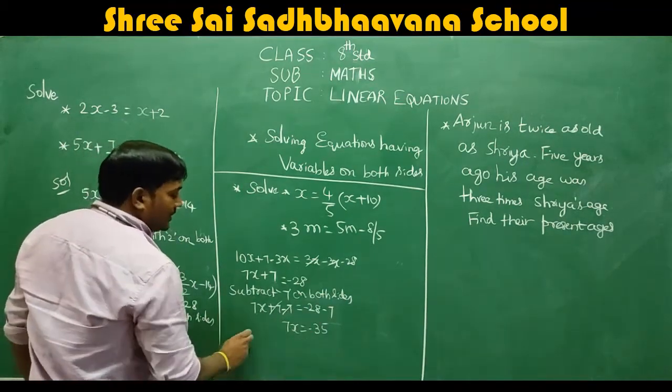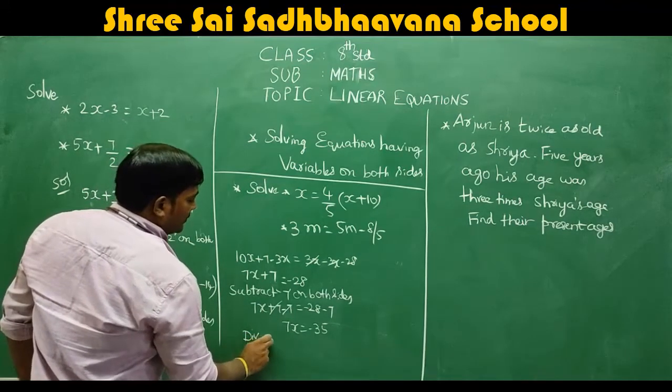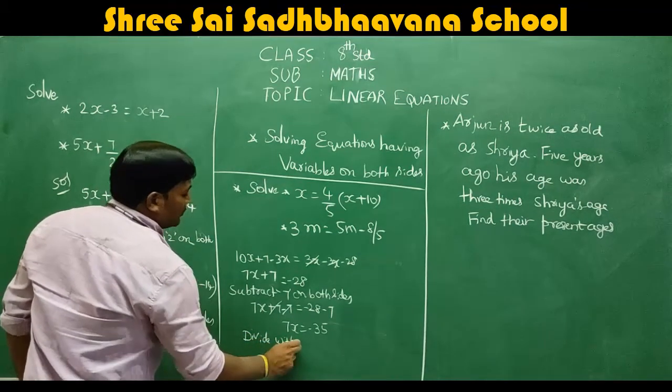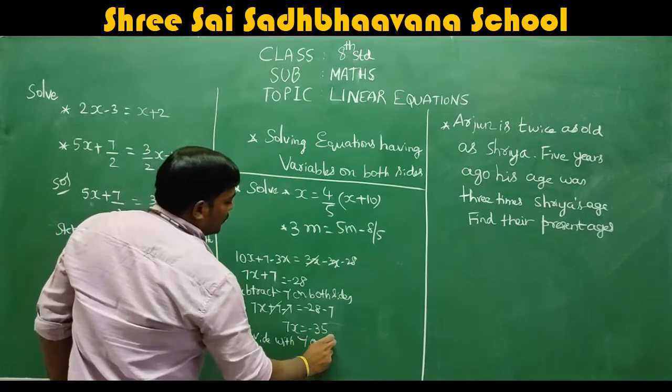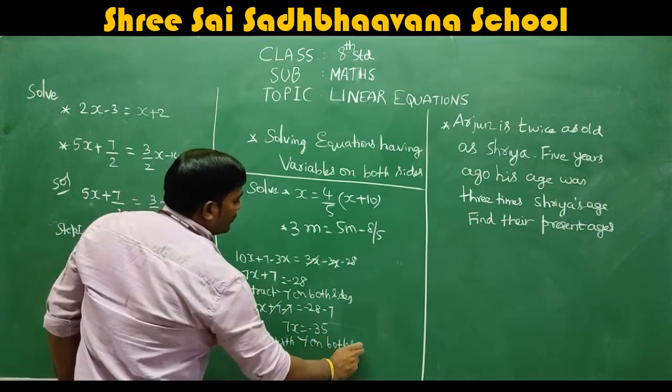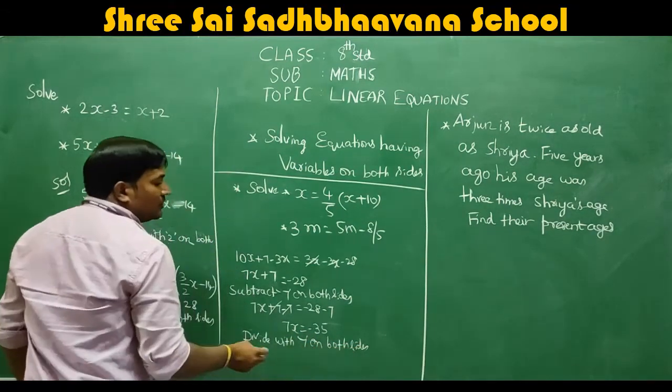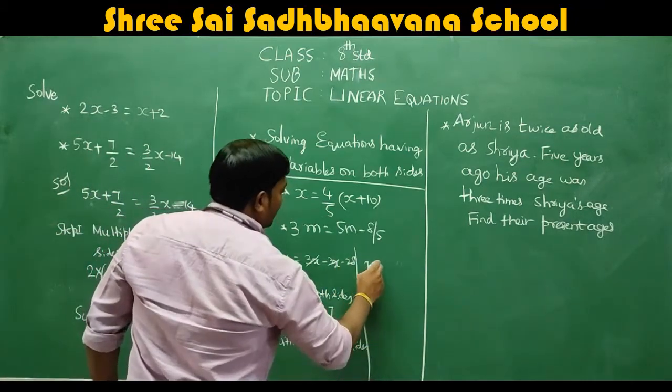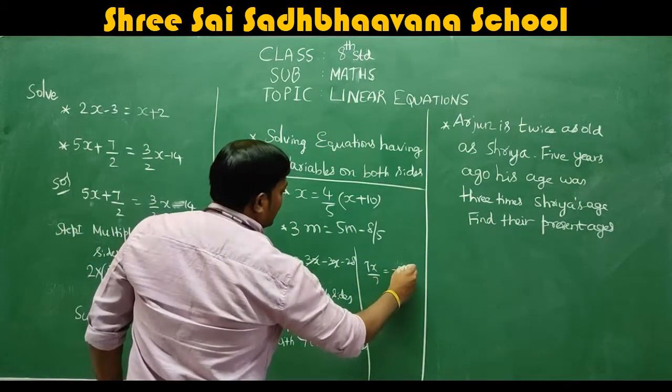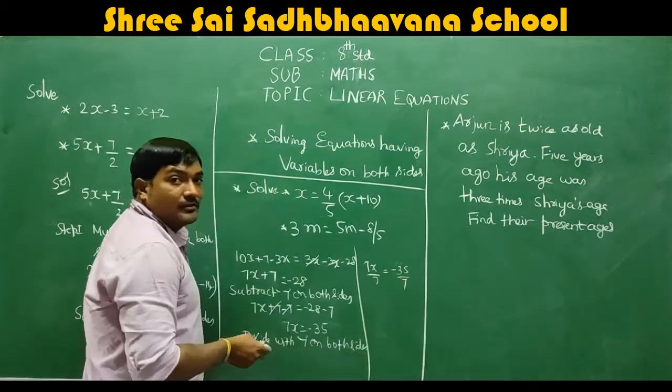Again, divide with 7 on both sides. It becomes 7x by 7 is equal to minus 35 by 7.